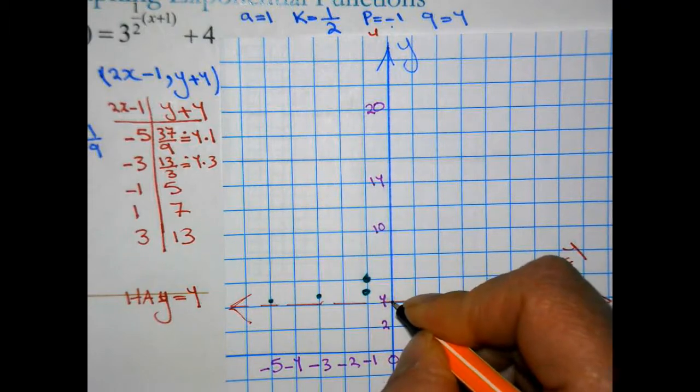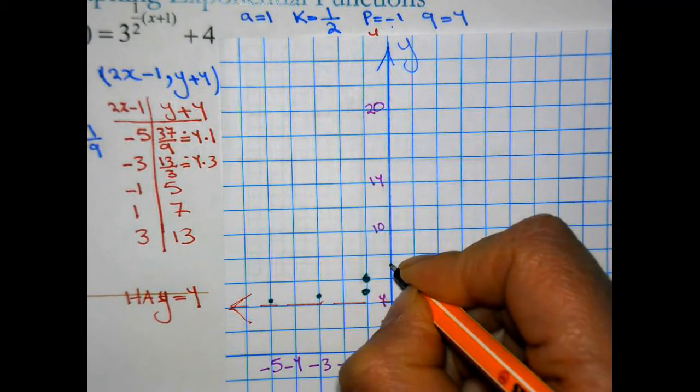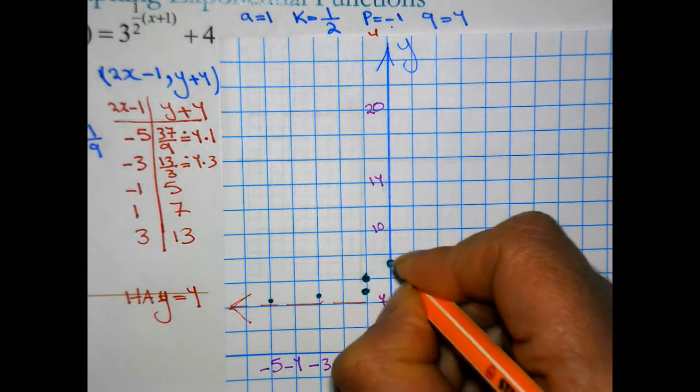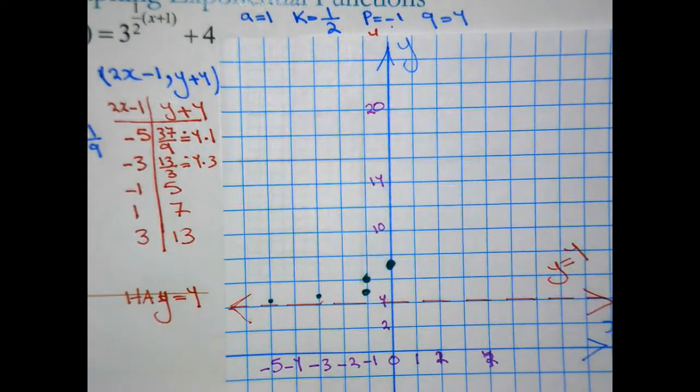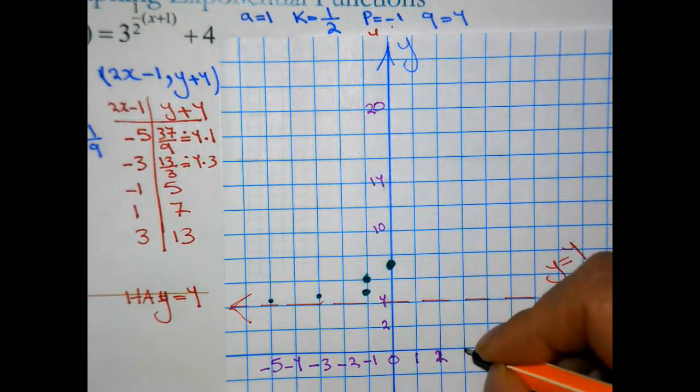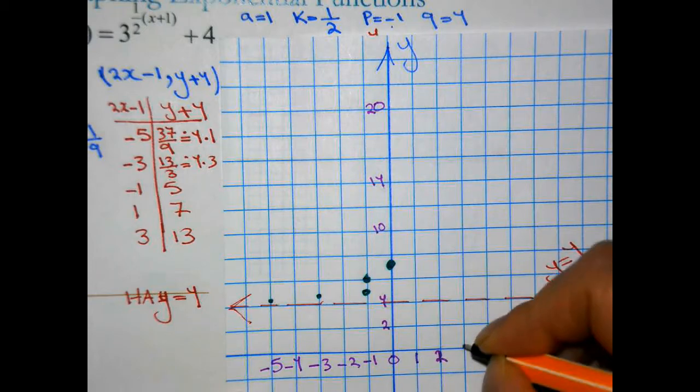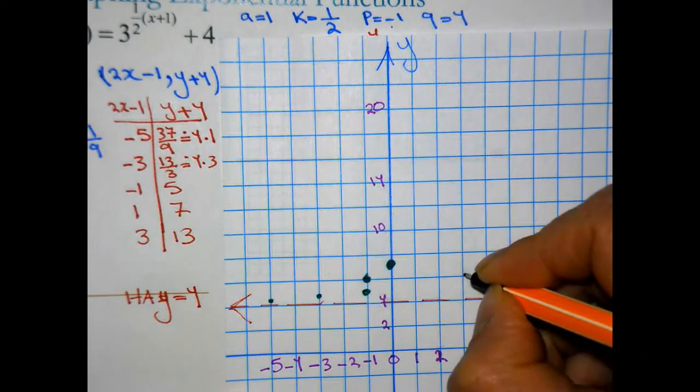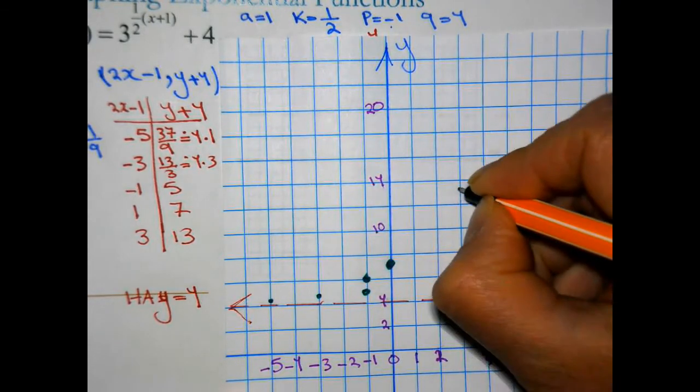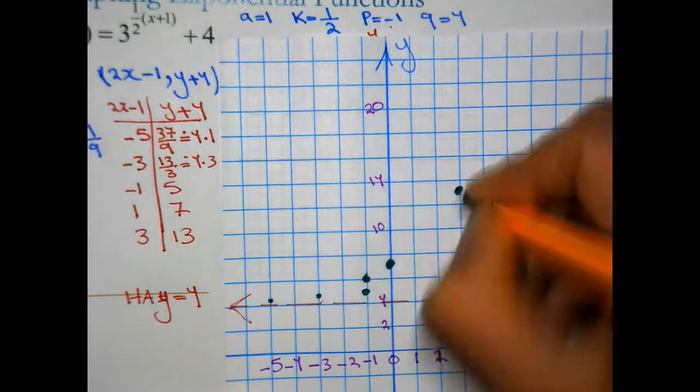So 4, 6, 7 is going to be here, and then 3 and 13. So 2, 4, 6, 8, 10, 12, 13 is going to be here.